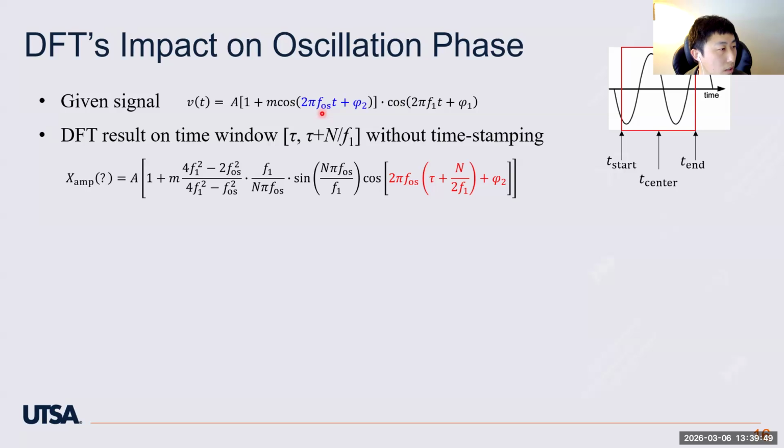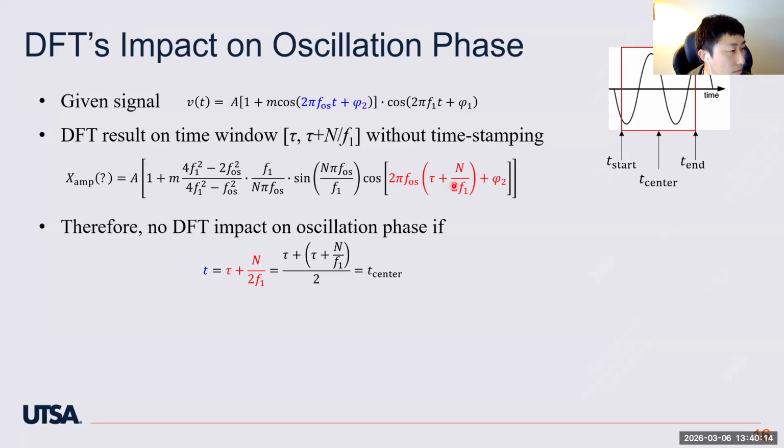And we can find that if we let t be the whole thing here, then we'll have the phase exactly the same. The two expressions will be exactly the same. If we don't pick the center of the DFT window, the two phases will be different. So we should let them be the same, right?